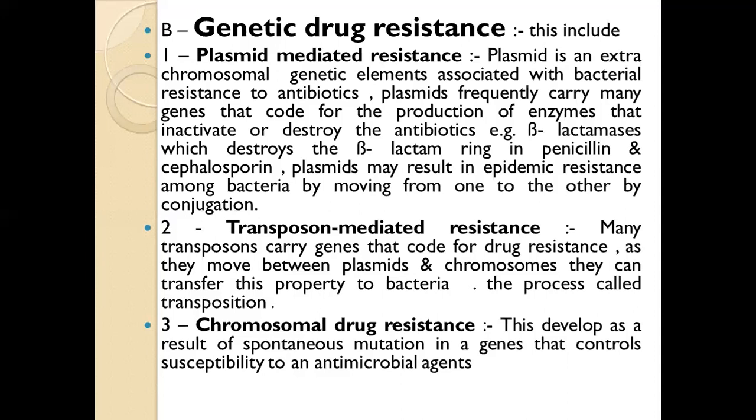Other genetic drug resistant mechanism is transposon mediated resistance. Transposon is a segment of genetic material, or DNA, carrying genes that code for drug resistance. As they move between plasmid and chromosome, they can transfer this property to bacteria.